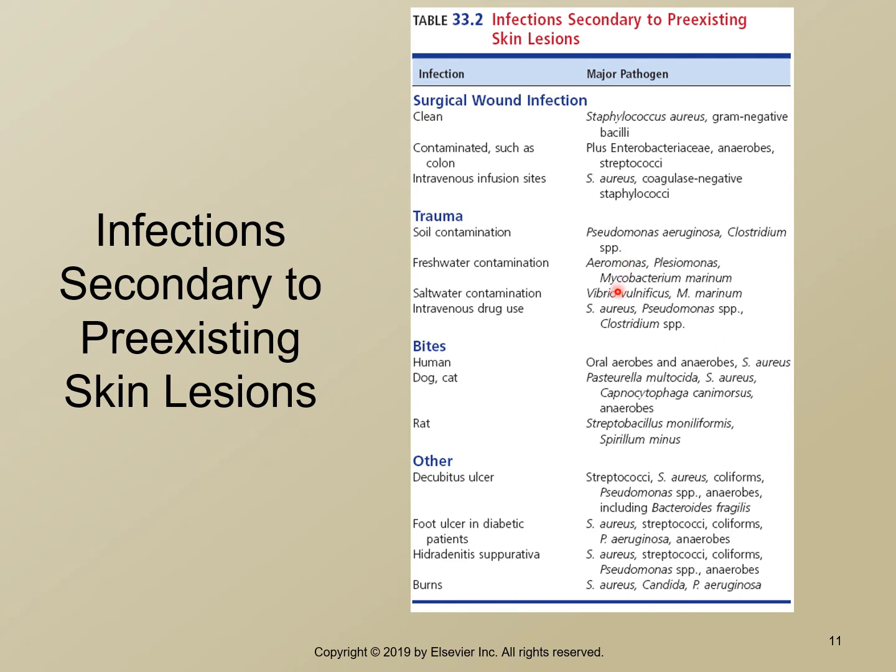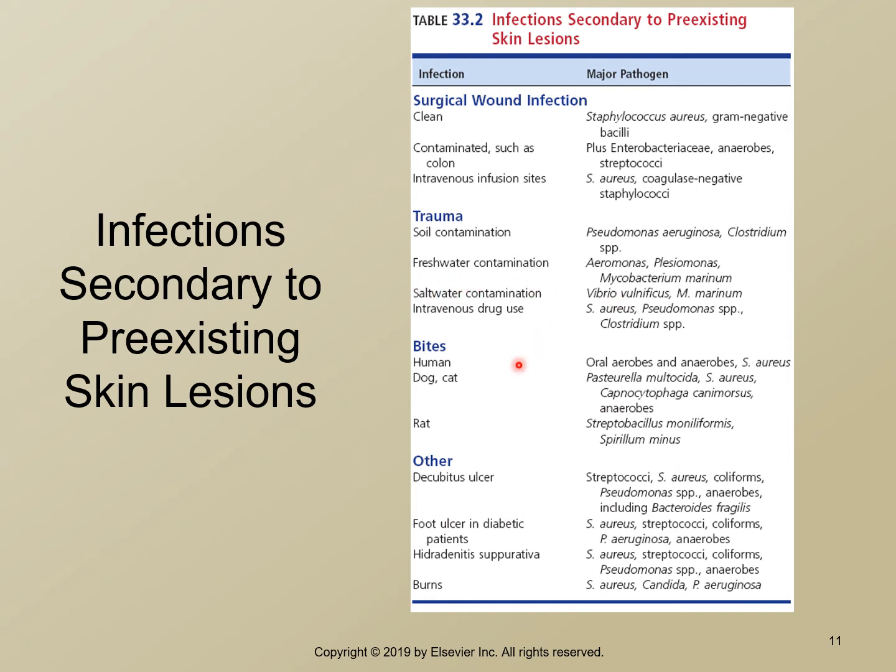The table also lists some of the more unique organisms, such as Aeromonas or Plesiomonas, that would be associated with freshwater contaminated trauma sites, or Vibrio or Mycobacterium marinum that would be associated with saltwater contaminated trauma sites.